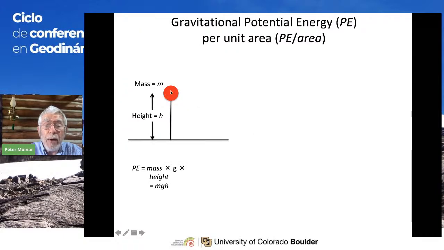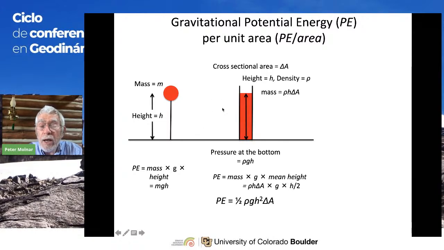So this is stating this. You have a mass at some height, h. The potential energy is the mass times gravity times the height, mgh. If we consider a column of mass in here, where this red is a column of mass, it's got a density rho, it stands a height h, the same h as over here, cross-sectional area delta A, the mass is simply the density times the volume, the height times the cross-sectional area.